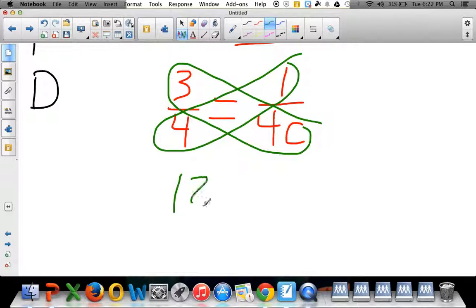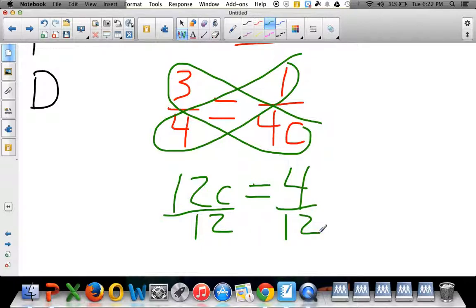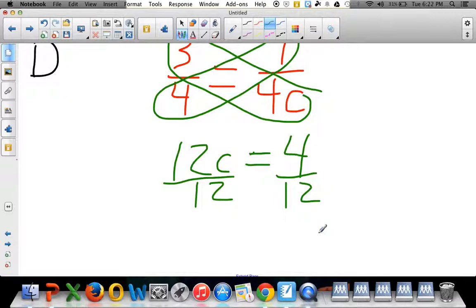So this is going to be 12c equal to 4, divide by 12, c equals 1/3.